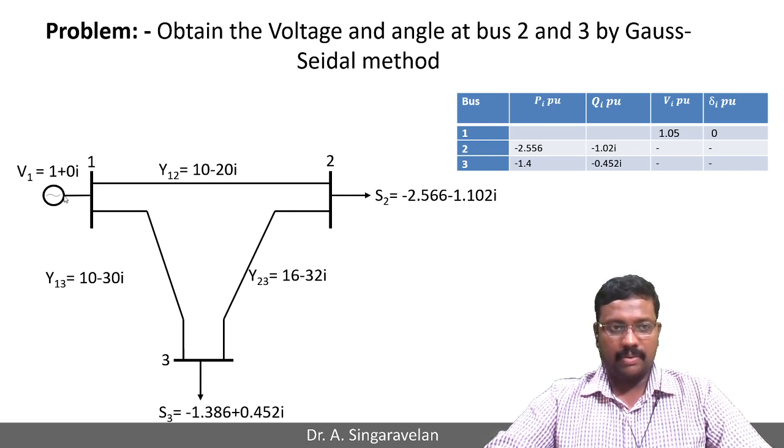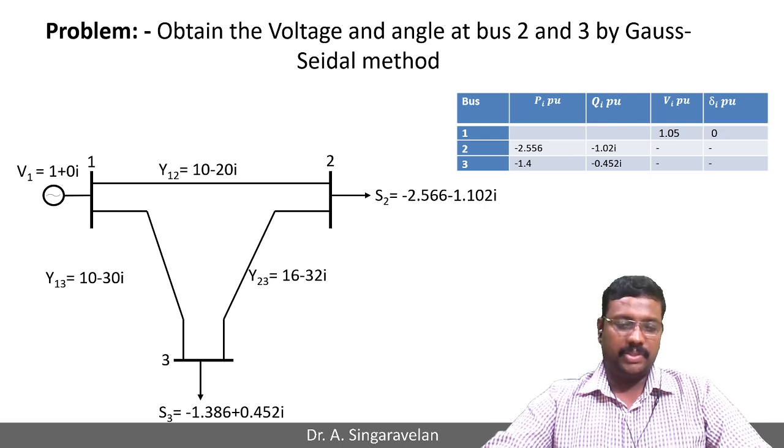By default, the slack voltage is 1 plus 0j, meaning 1 per unit and angle 0. From S2 and S3 we can take the real and reactive powers on these two buses. We need to perform the Gauss-Seidel process to find the voltage at bus 2 and bus 3.